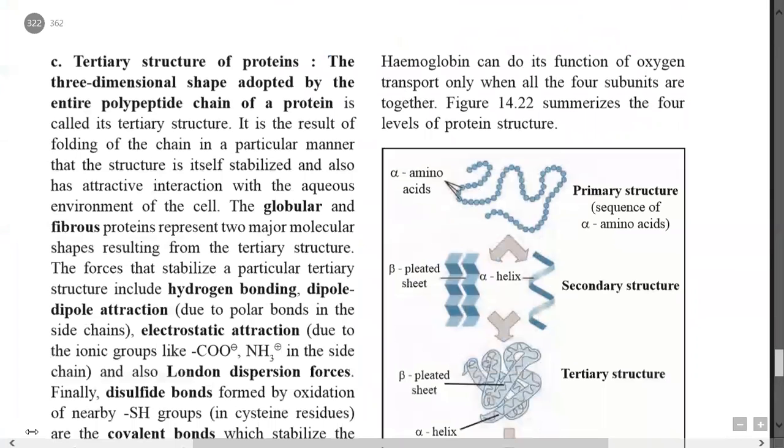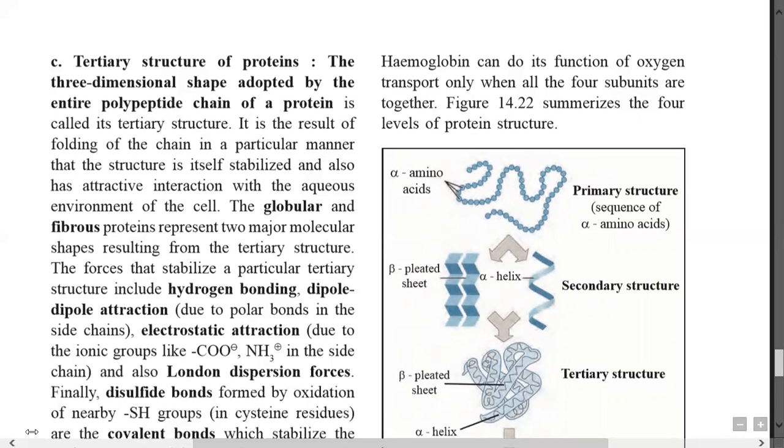Then the next type of structure of protein is the tertiary structure of protein. The three-dimensional shape adopted by the entire polypeptide chain of protein is called the tertiary structure of protein.